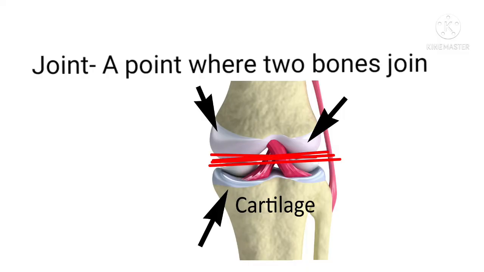If we examine such locations in our body carefully, we can find out that at all such locations, two or more bones are joined. So, the location in our body where two or more bones are joined is called a joint. All our movements are brought about by joints and muscles only.